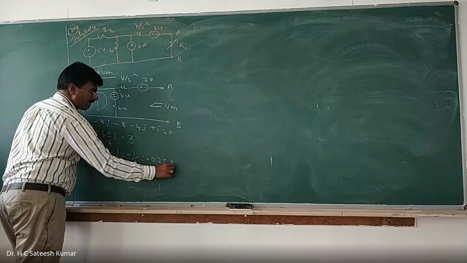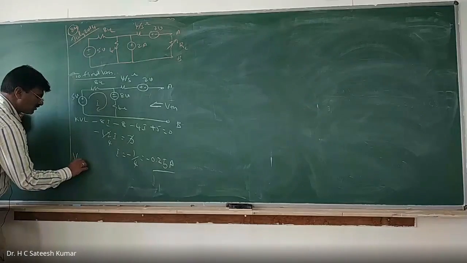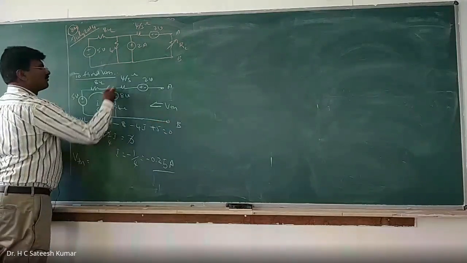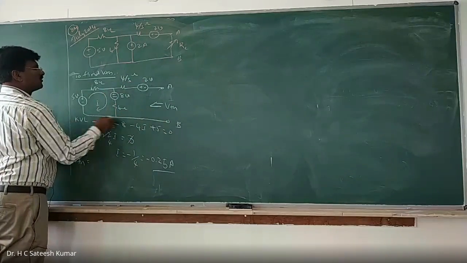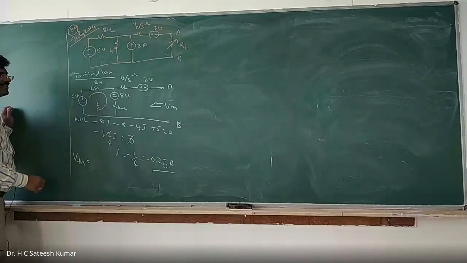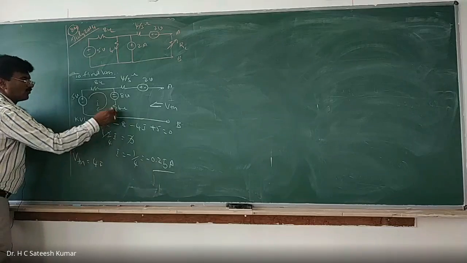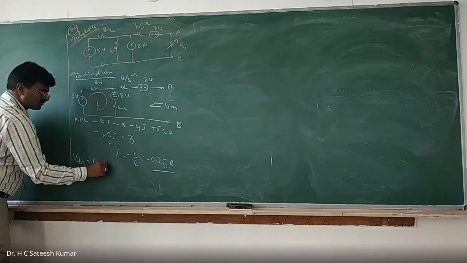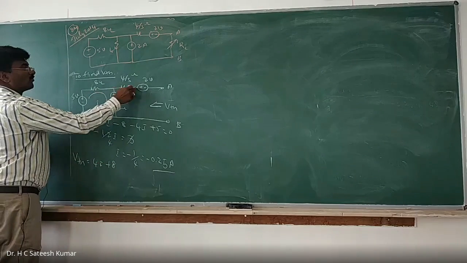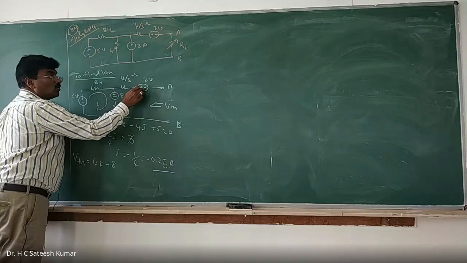VTH is equal to what? You go from here to here, or you can go this way also. Both are the same. I'll start from here: 4 into I, against I, so 4 into I. Minus 2 plus is plus 8. Now I'm going here, but no current flows through this one because of the open circuit, but the voltage source will be there.